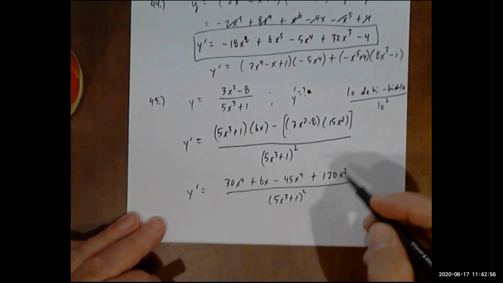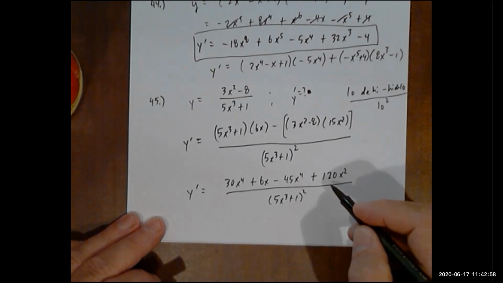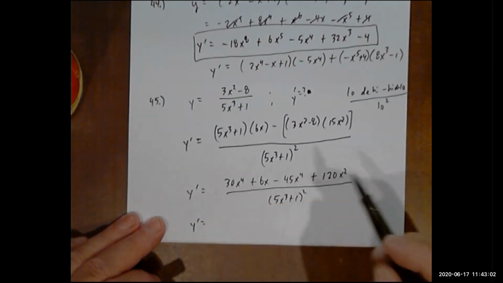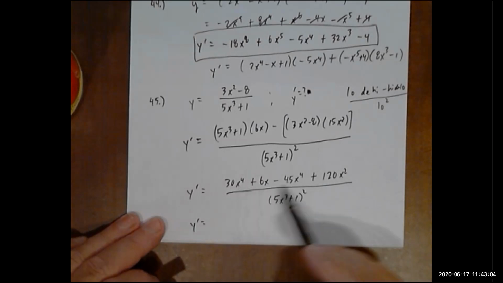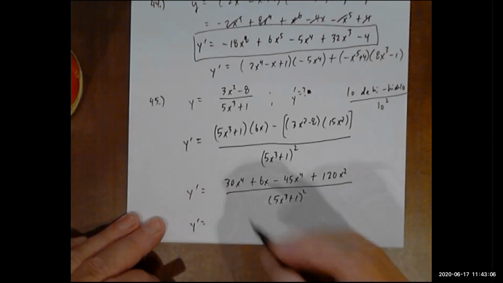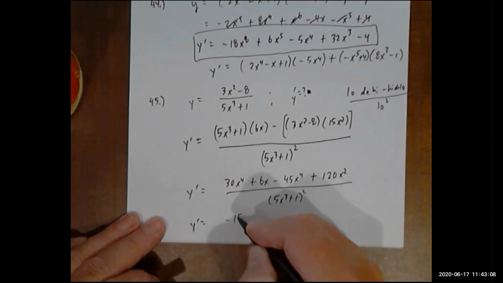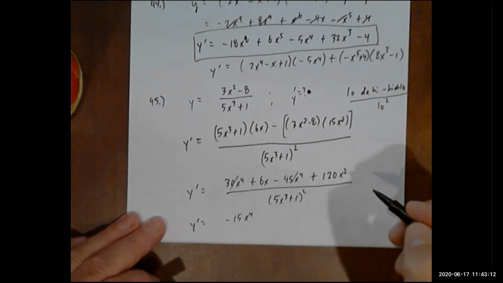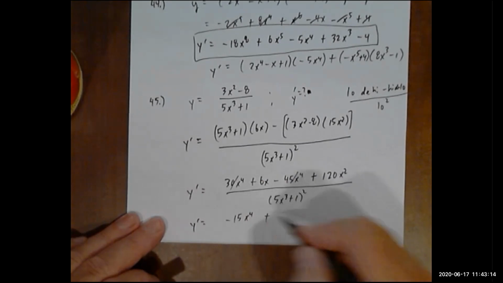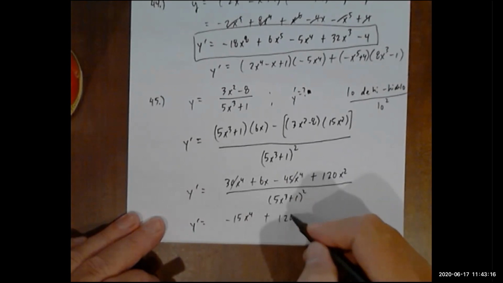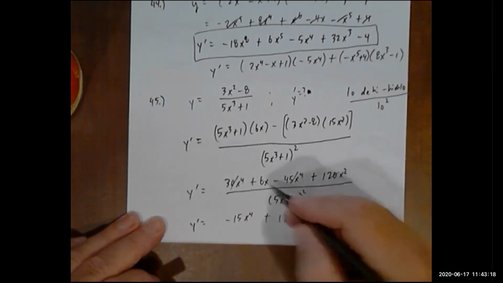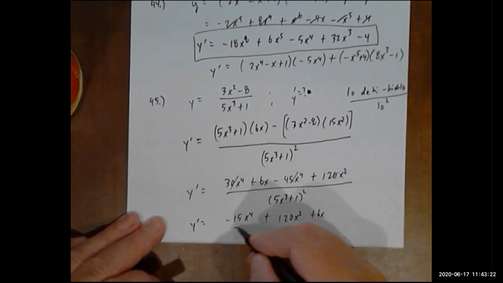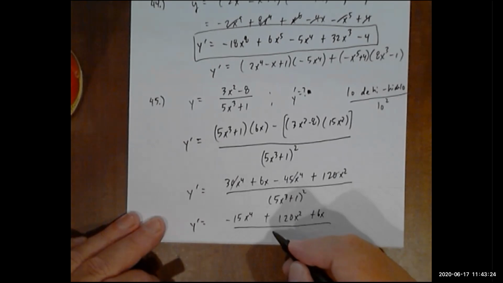So do I have any like terms? Yes, I do. I've got 30x to the 4th minus 45x to the 4th. That's minus 15x to the 4th. Then plus 120x squared plus 6x all over the denominator.